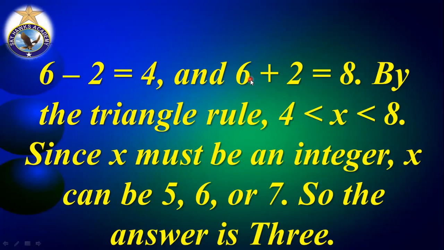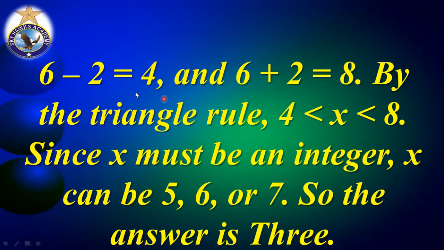the difference of the two sides is always less than the length of the third side. So that's why we are putting that the third side must be less than 8 and greater than 4. Am I right?